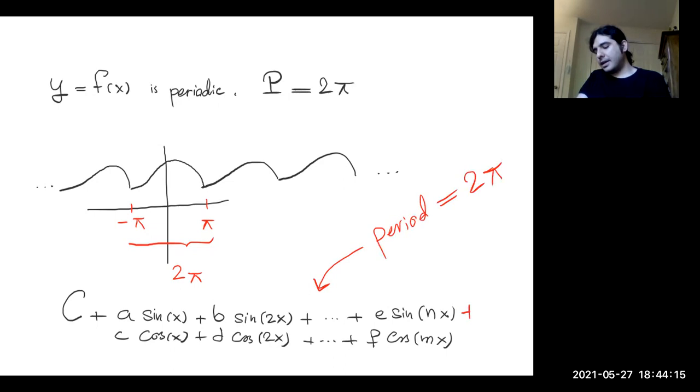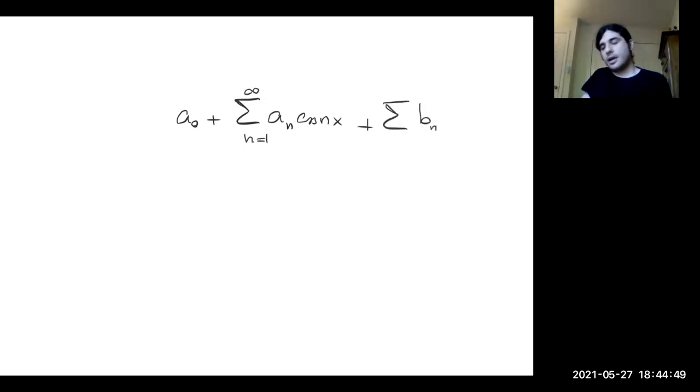And the point is that here I can continue this sum to infinity to get a series. Now the question is, what is the space of functions I can construct with these trigonometric functions? In another language, if I let this sum go to infinity, I get something like this: a constant plus sigma an cosine of nx, n goes from 1 to infinity, plus sigma bn sine of nx, n goes from 1 to infinity.